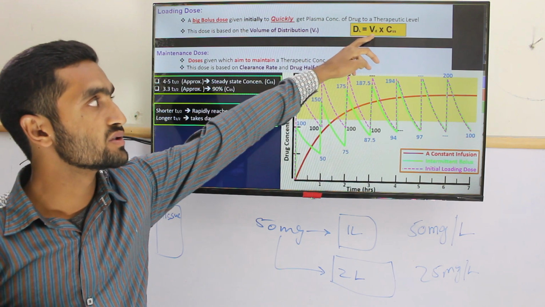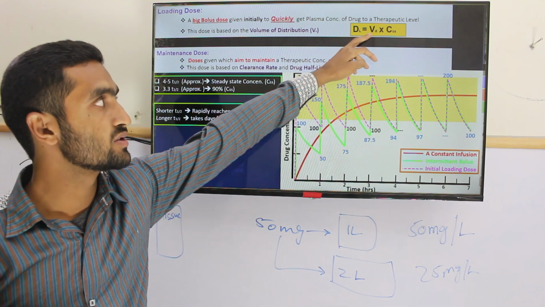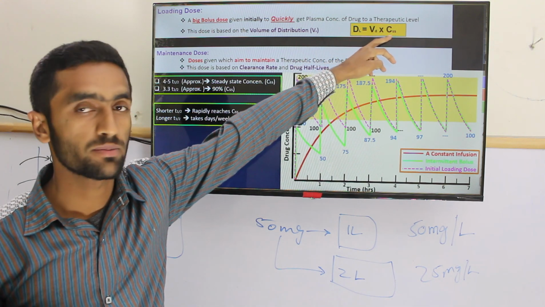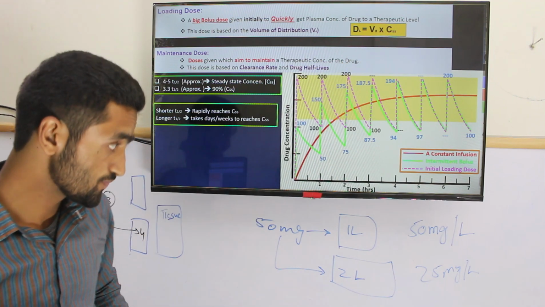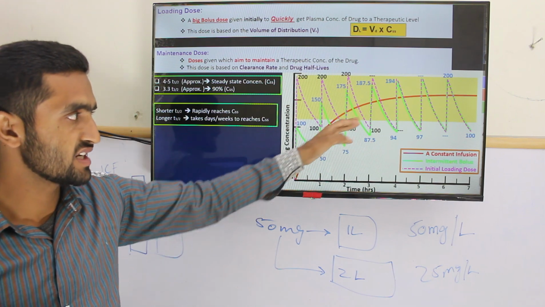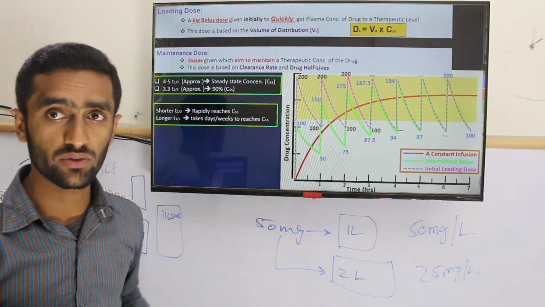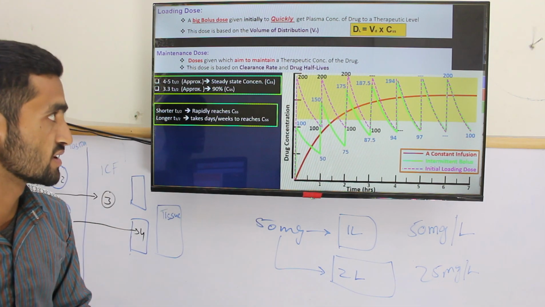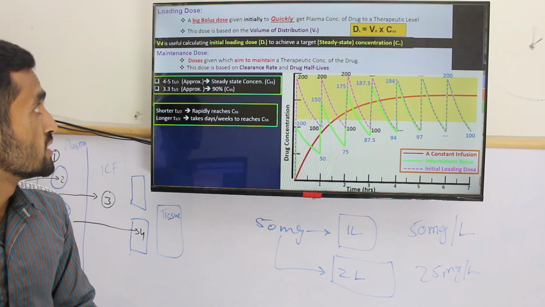For the loading dose, simply multiply the volume of distribution by the steady state concentration. So it's simple. The other way shown here is constant infusion, where you want to get the steady state concentration. So I think this is clear.